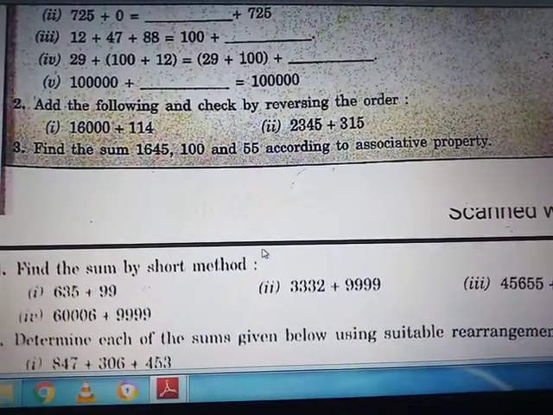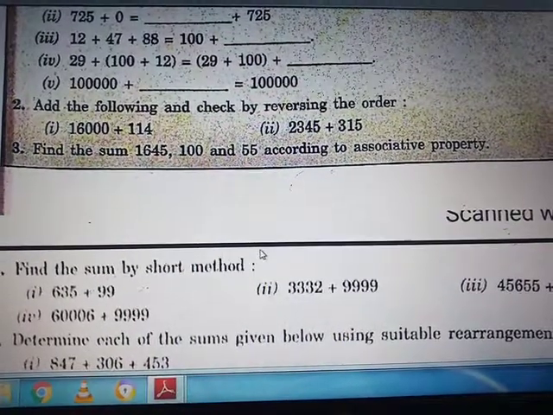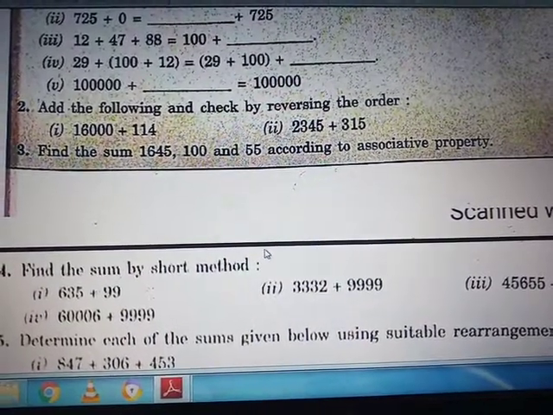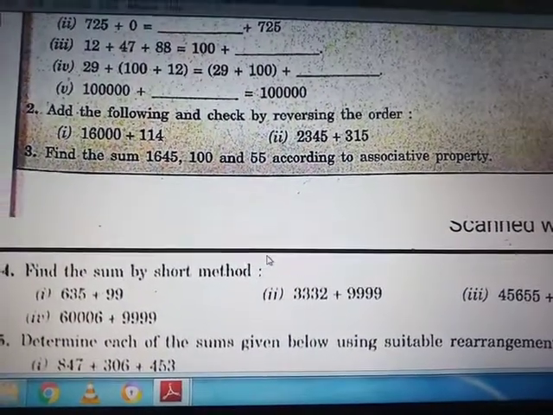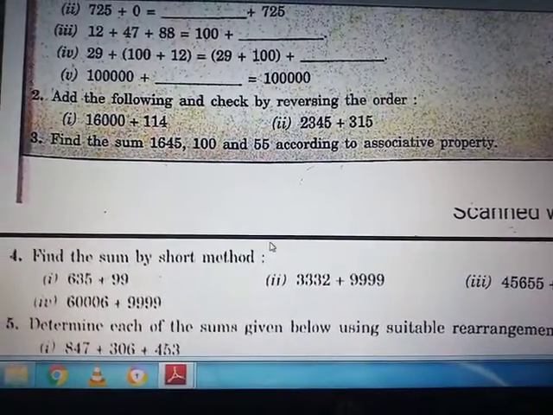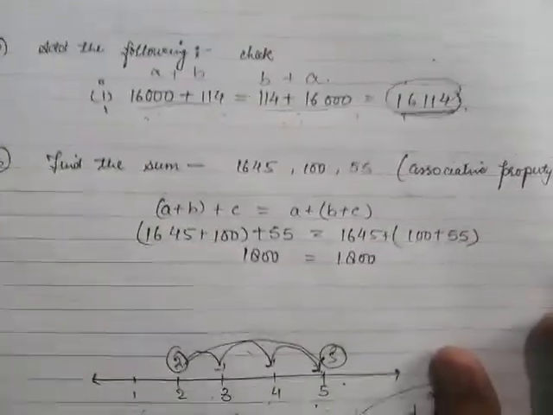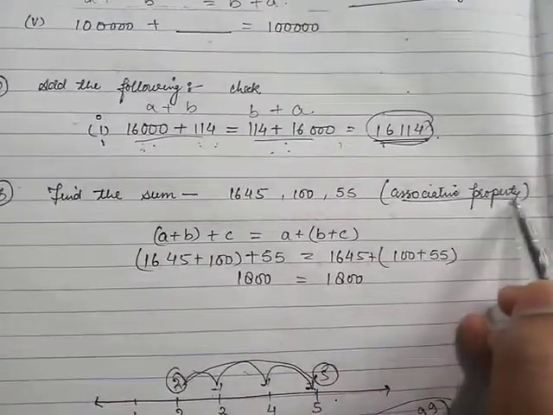Moving to the next question: find the sum 1645, 100 and 55 according to the associativity property. First we should know what the associativity property is.